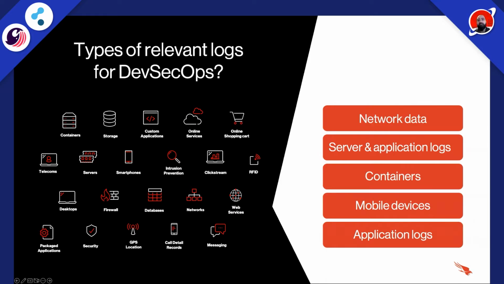Unlike server and application logs, or even cloud logs, which are in more modern formats, network data historically has been based on syslog in terms of the format and the transmission. So that's a common method of working with network data. You also have server and application logs, so traditional sources of logs like servers and applications running on those servers.